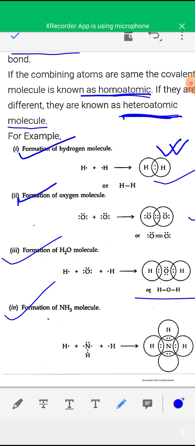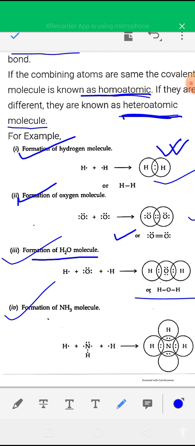Formation of O2: in the O2 molecule, there is a double covalent bond between two oxygen atoms, that is, two electron pairs between the two oxygen atoms, and both oxygen atoms attain the noble gas neon electronic configuration.